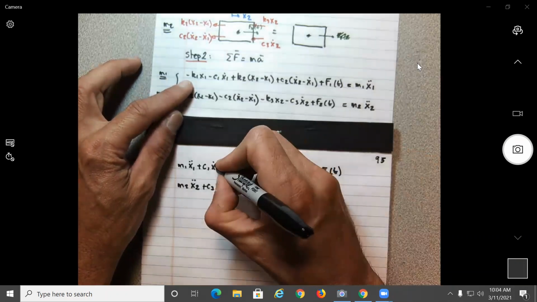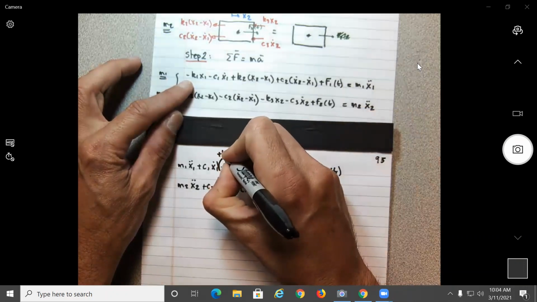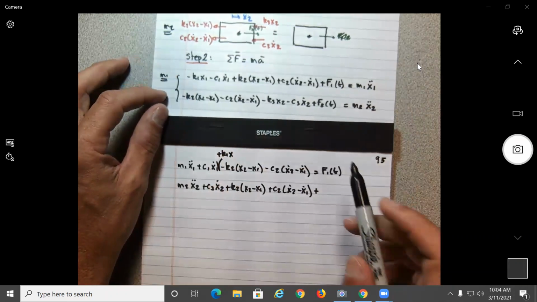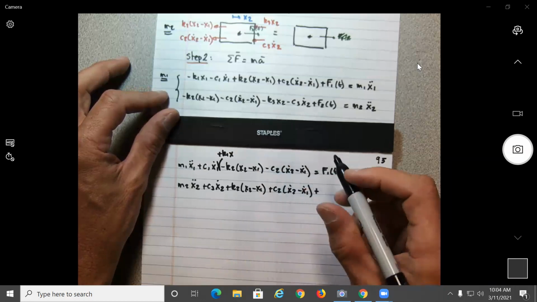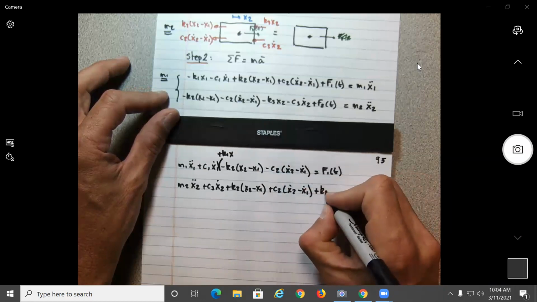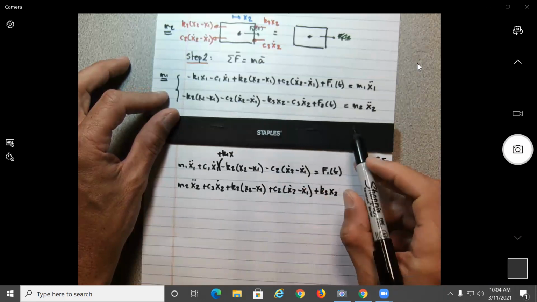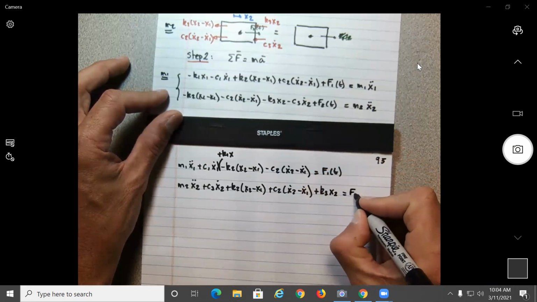So let's put it here, it would be plus K1 X1. In the second one, K2 plus, I don't have to forget here, plus the K3 X sub 2. I think now I have everything equal to F2 of T.